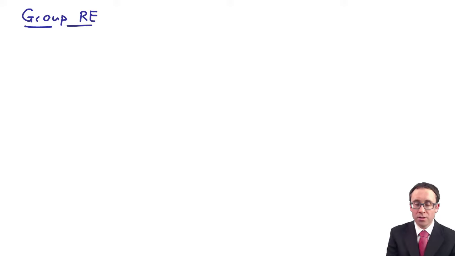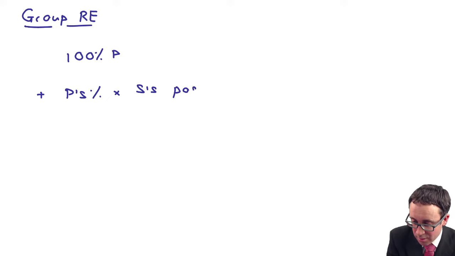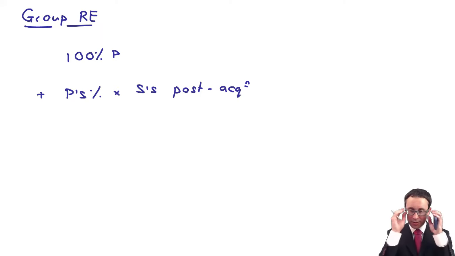So let's go through that and look at the group retained earnings first. So remember, that's 100% of the parent. And then we add on P share of S's post-acquisition movement in those retained earnings.